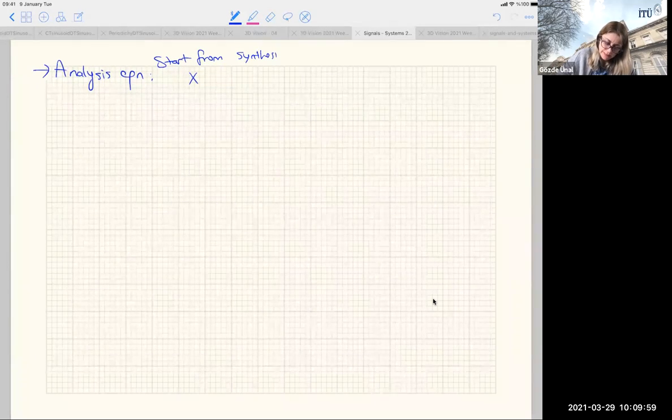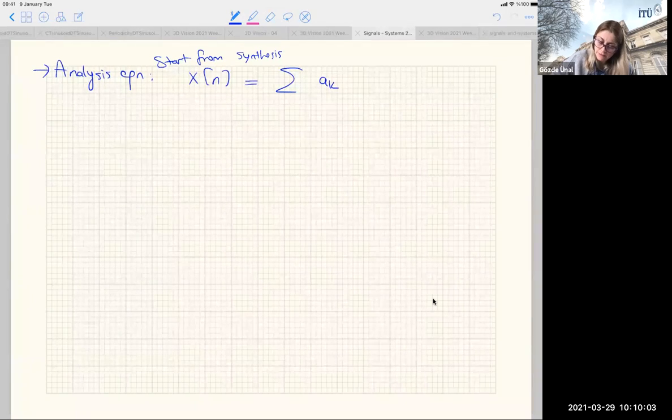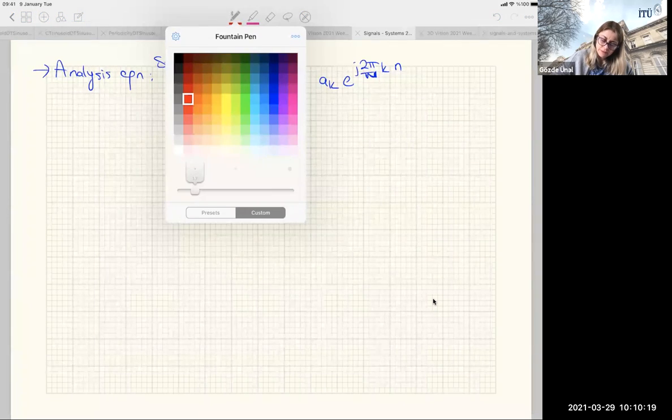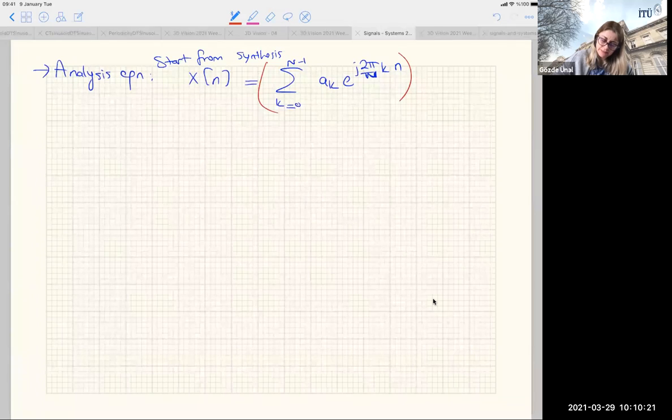X of n, we said, is really the sum of a k, e to the j 2 pi over N k n, the basis functions, k from 0 to N minus 1. Now, remember, last time what we did was multiply both sides by another basis function with another index.